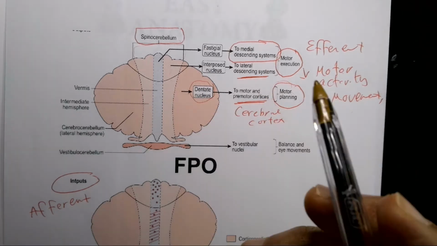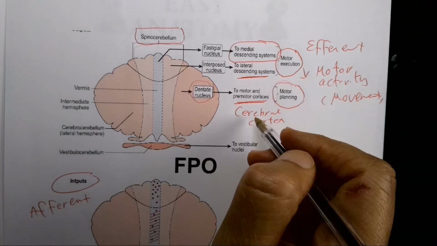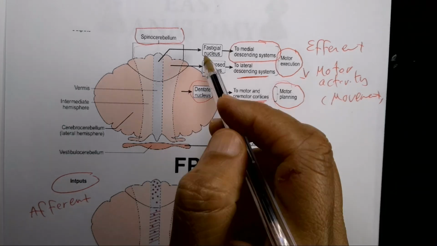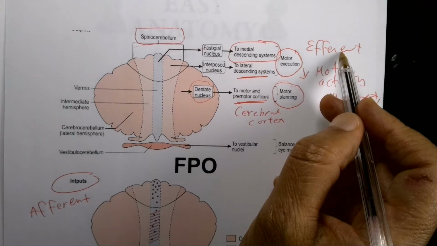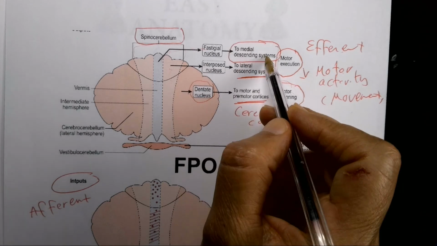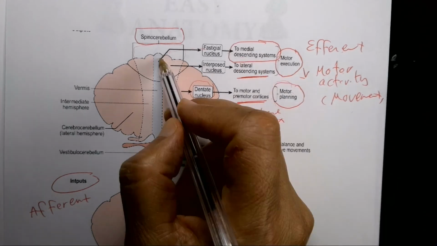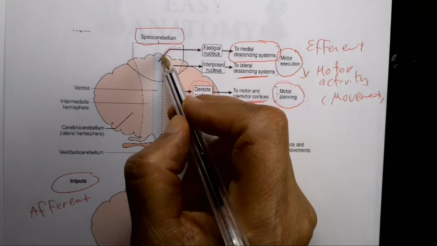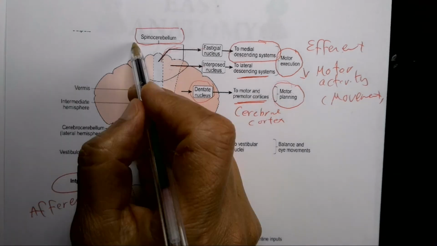And to execute the movement based on the information coming from the higher center, which is the cerebral cortex, you have to have connection with the spinal cord. This connection is through two tracts, the medial descending and the lateral descending tract. The medial originates from the fastigial nucleus, the lateral from the interposed nucleus. And this is what we call the spinocerebellum.